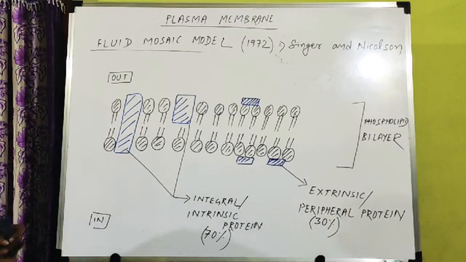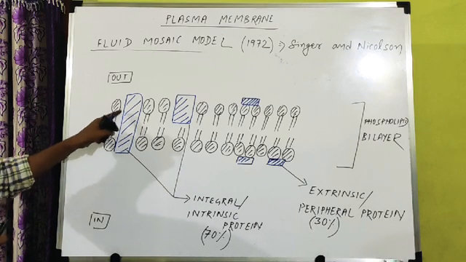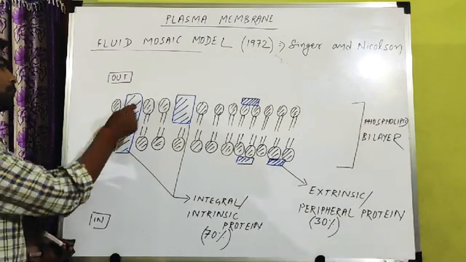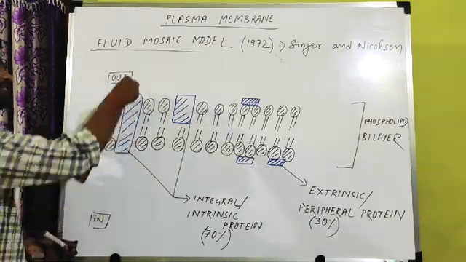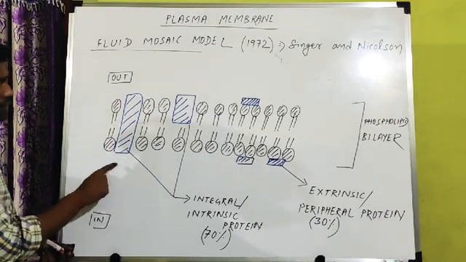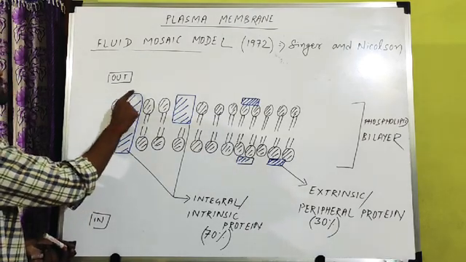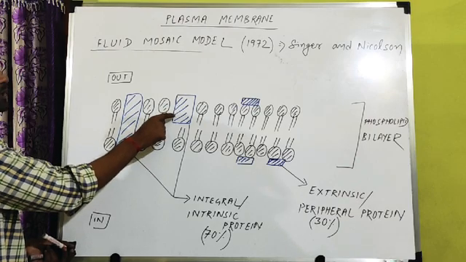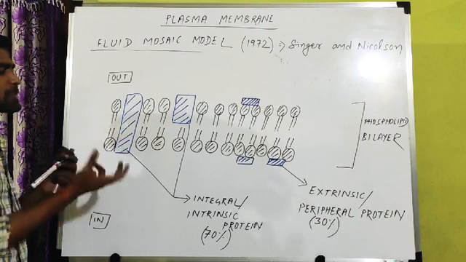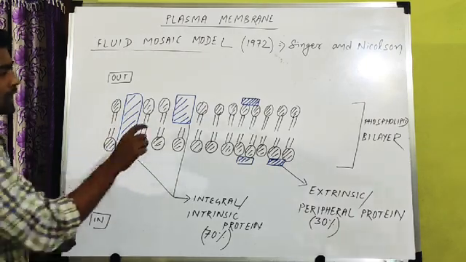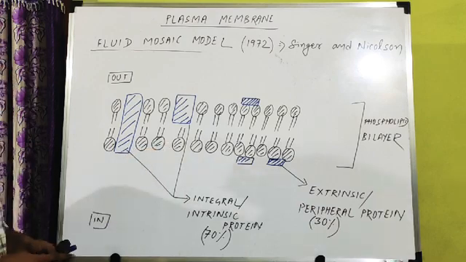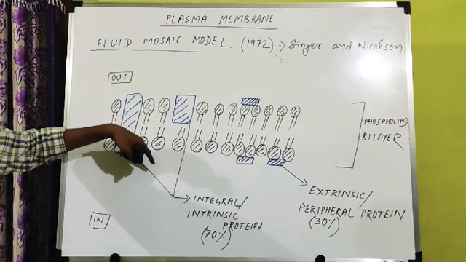And when the protein is completely embedded, you can see part of the protein on both surfaces. On this surface it is visible, on the other surface also it is visible, the inner surface and the outer surface. But in this type of protein, it is visible only on the outer surface, or either on the outer or the inner surface, but not both. In this protein only the outer is visible, but the inner surface is not visible because it is not completely embedded.